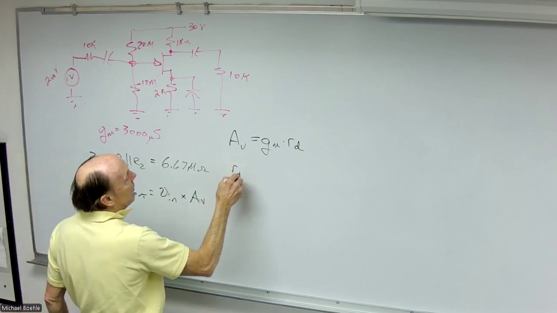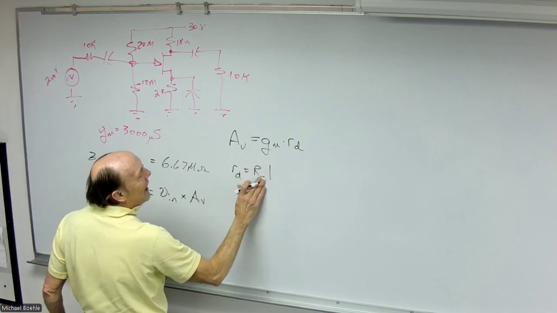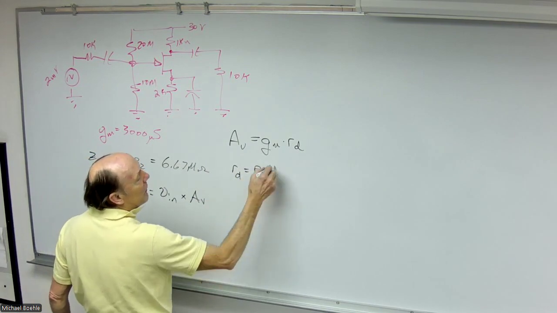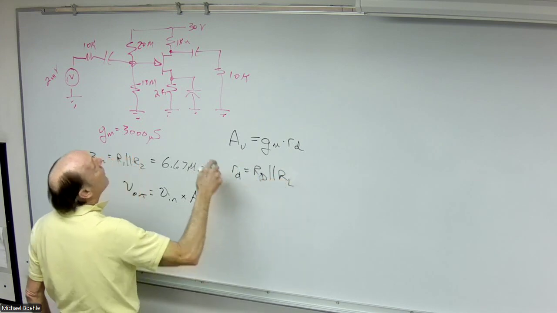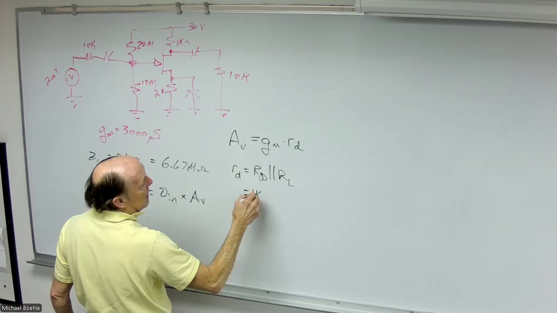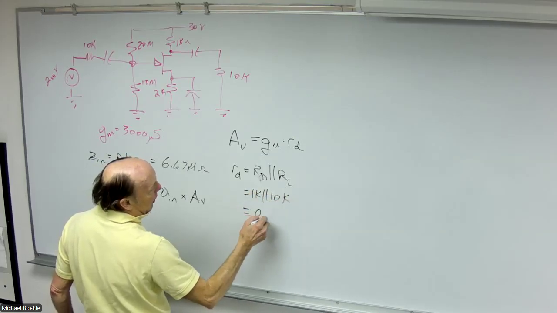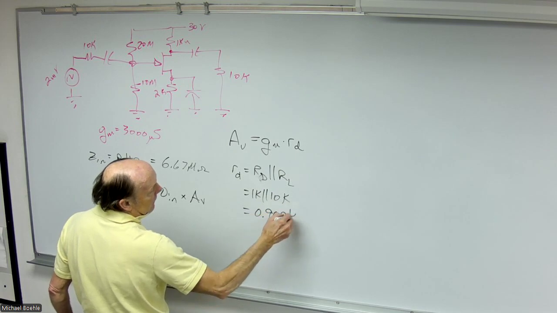The AC drain resistance is the drain resistor in parallel with the load resistor. We have 1K and a 10K. That gives me basically 0.909 kiloohms.